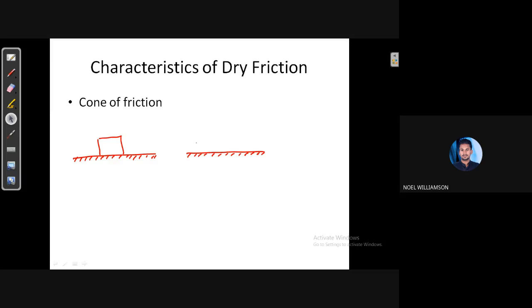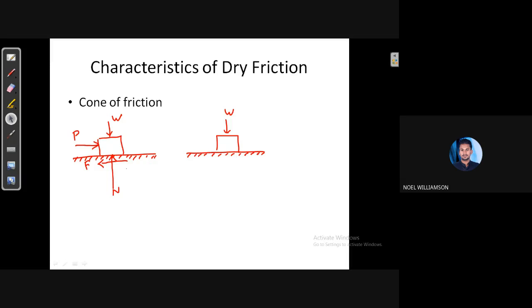We'll consider two cases, that is, the weight is acting in the same manner. First of all, if the applied force is in this particular direction, then the friction will be in the opposite direction, that is, F will be in this particular direction. Normal is always in the vertical direction.